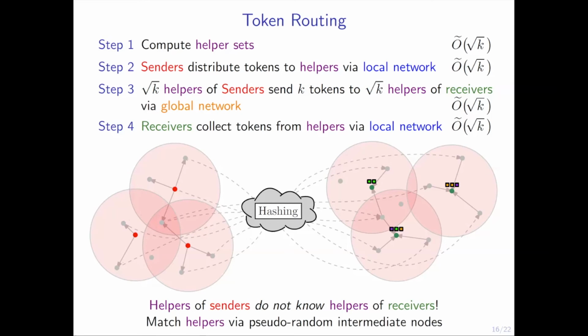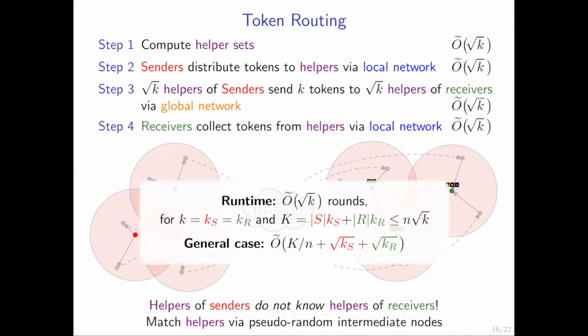We match helpers of senders and receivers by choosing for each pair a pseudo-random intermediate node determined via a randomly seeded hash function from a universal family. So the overall runtime in the simplified scenario is square root of K, where we have a small overall workload. But in the general case, we have a runtime of capital K over n plus square root of k sub s plus square root of k sub r.